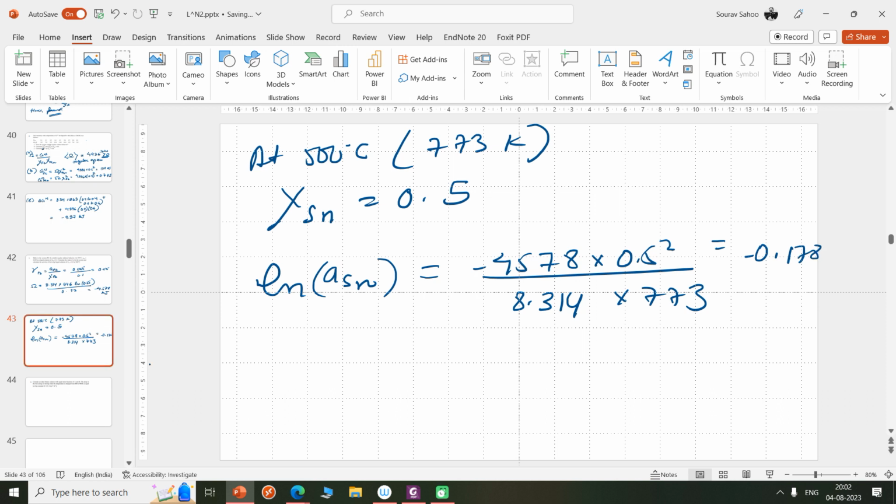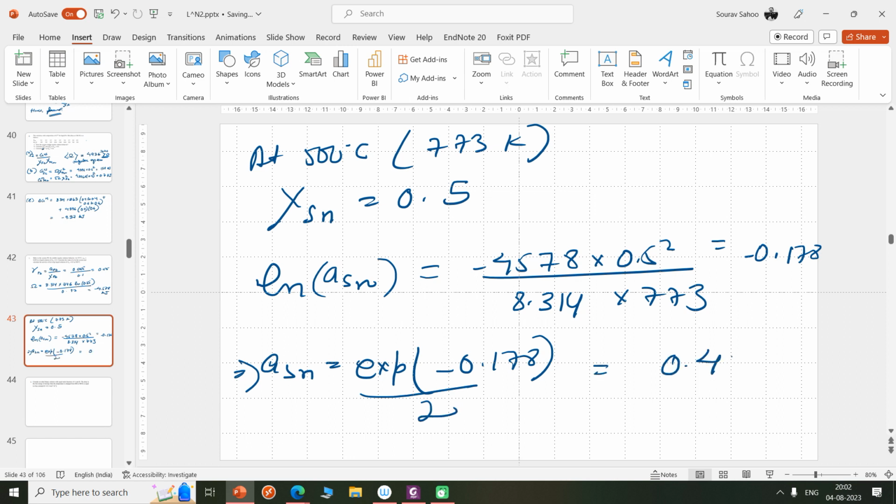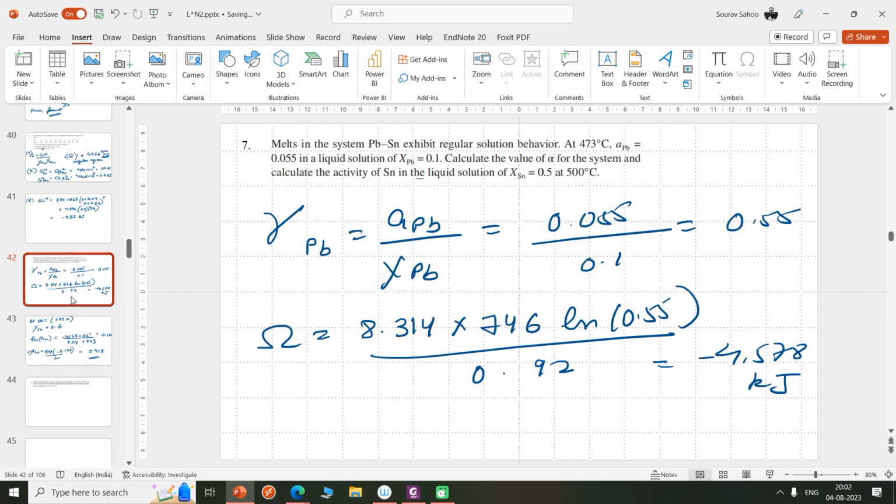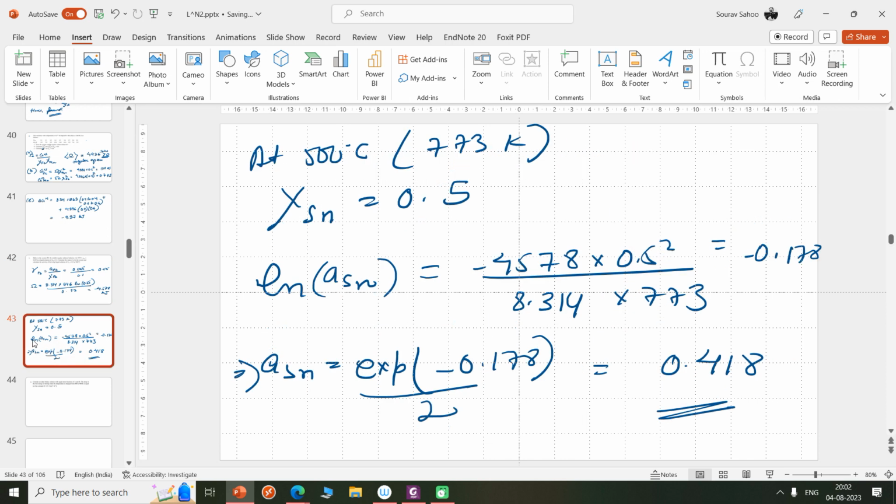So we can get it by this exponential of minus 0.178 times this, 0.41. This is the activity of my tin in the liquid solution of mole fraction 0.5 at 500 degrees centigrade. So it's pretty simple. So coming over to the last question.